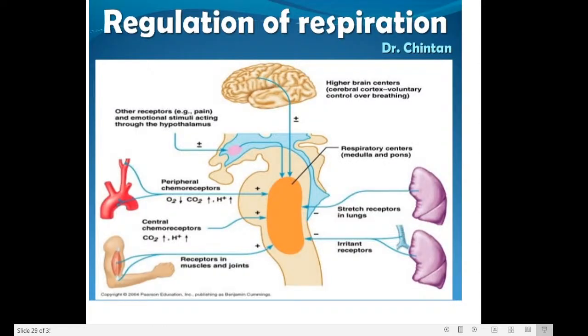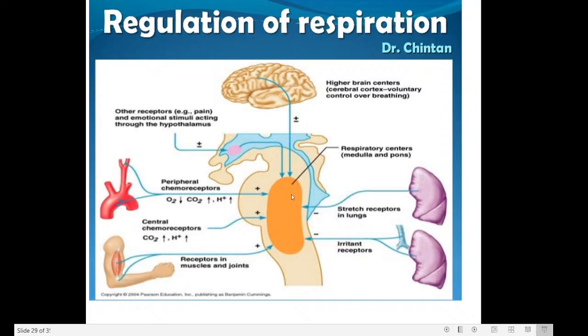After all the steps in respiration, the first thing is regulation by the nervous system. This is all the regulation of respiration. In this respiration process, the higher brain center passes the signal to our respiratory system.